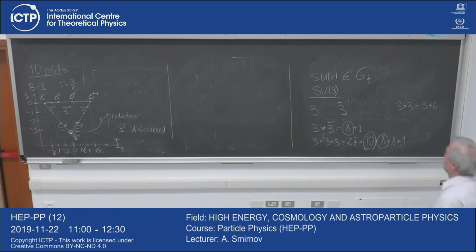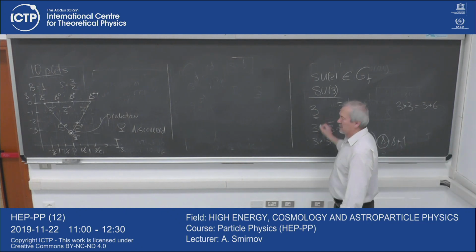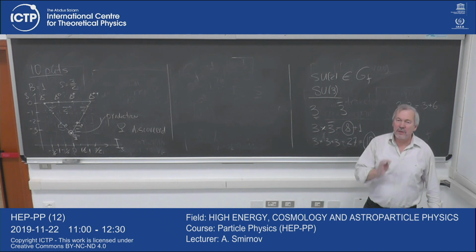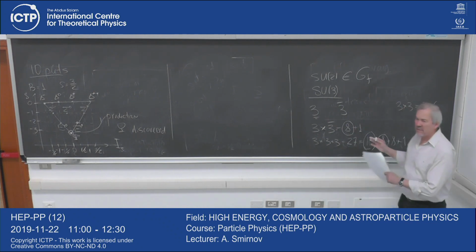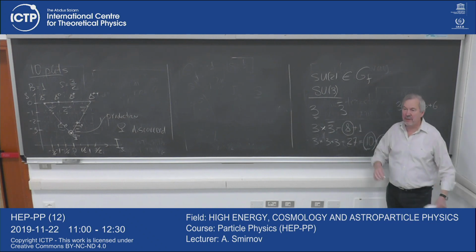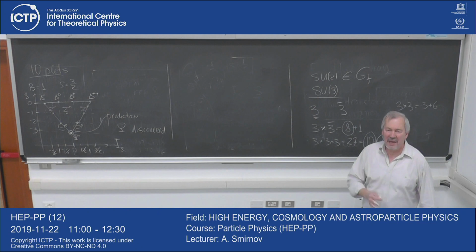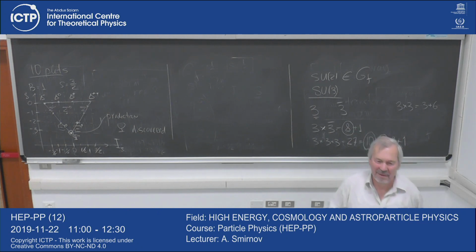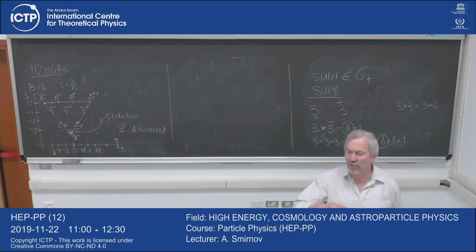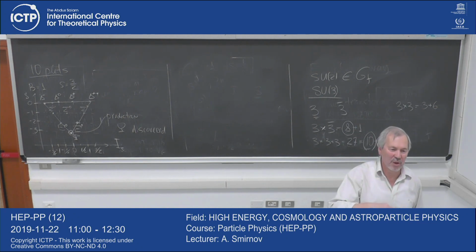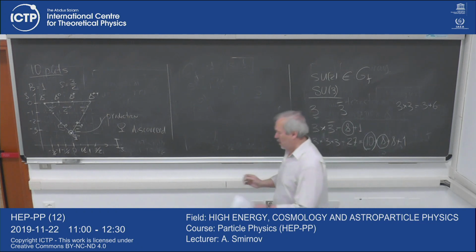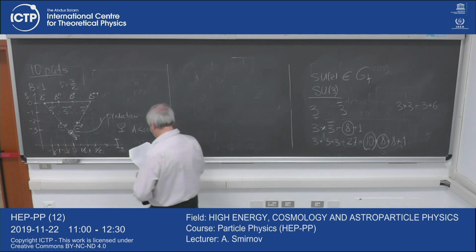Now, how about these fundamental representations? So you see, it's important to ask questions. Why do we have some theory with the highest representation, but no fundamental, no low one? Nature doesn't like to miss lower representations. So if you have some symmetry, it should start to fill in from the lowest. So this is the experience which we have from the history of particle physics.